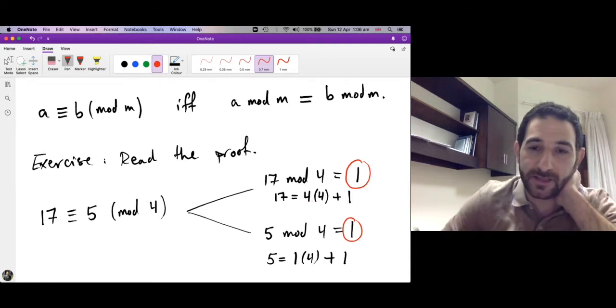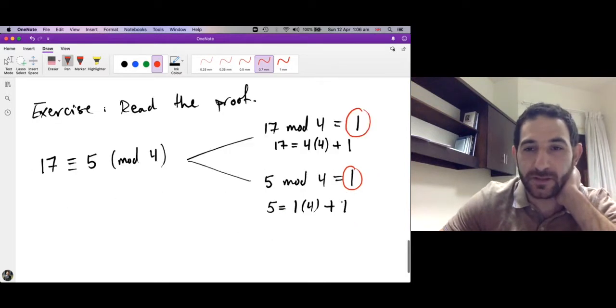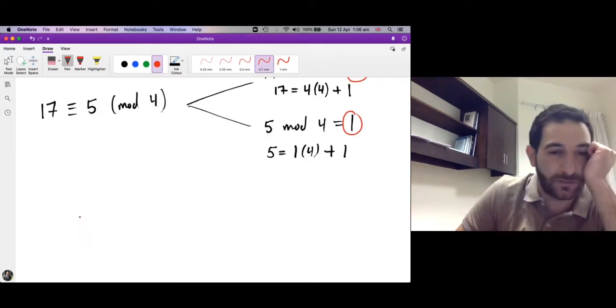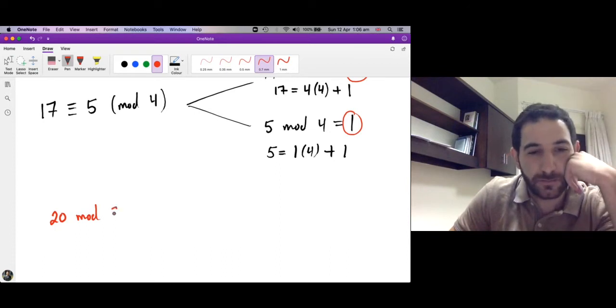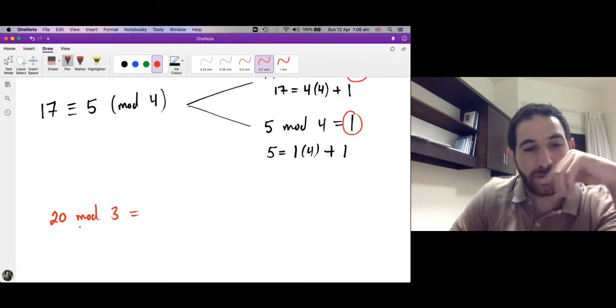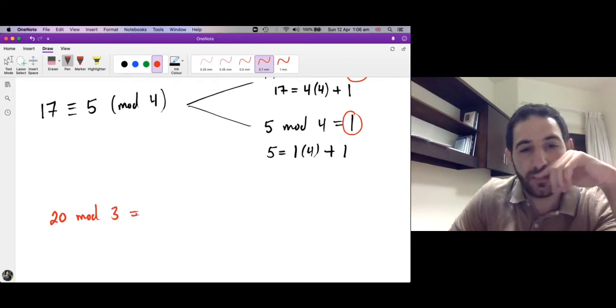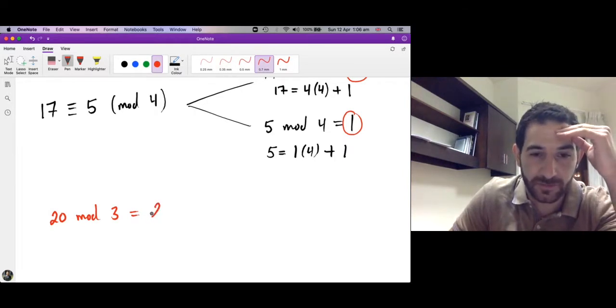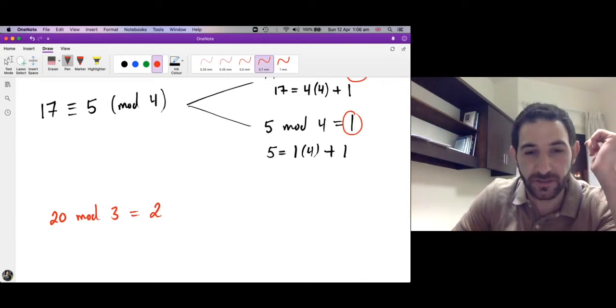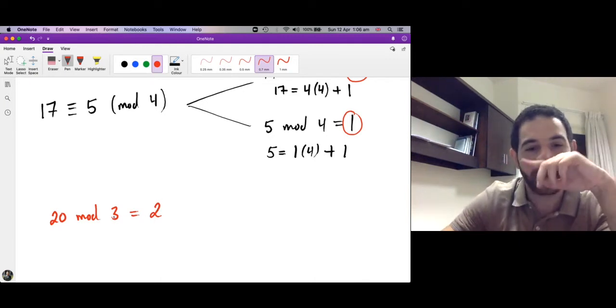Okay, let's take an example in the reverse direction. So choose any two numbers, say, let's see, what's 20 mod 3? What is the remainder of dividing 20 by 3? It is 3 times 6 is 18 plus 2, right? And we see that 2 is still less than 3.